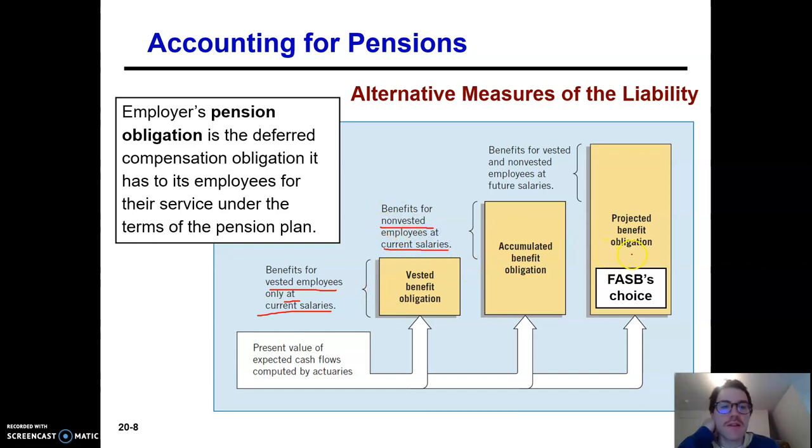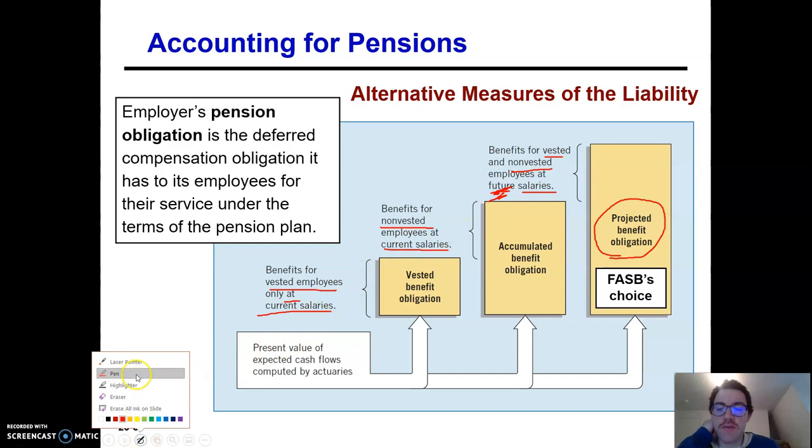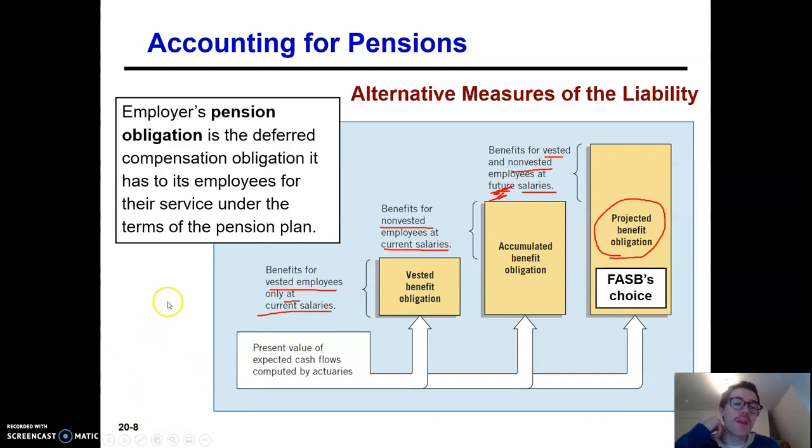The FASB went conservative. They decided to go with the projected benefit obligation, or PBO. This includes benefits for vested and non-vested employees at future salaries. So they're going to make some actuarial assumptions about what employees will be earning in the future. And just to be conservative, right? I mean, these first two really understate your liability.